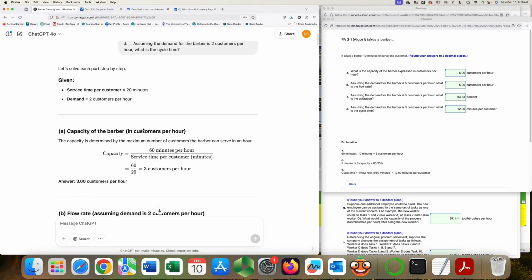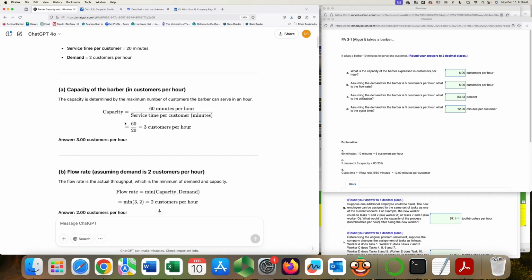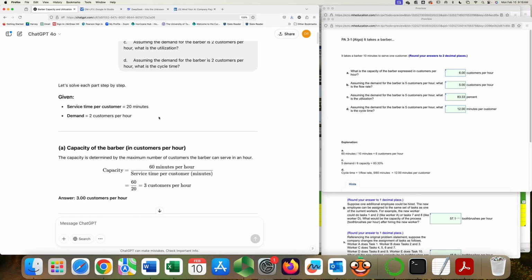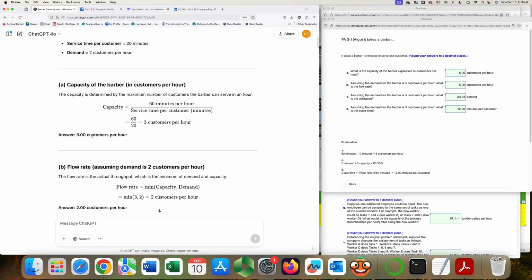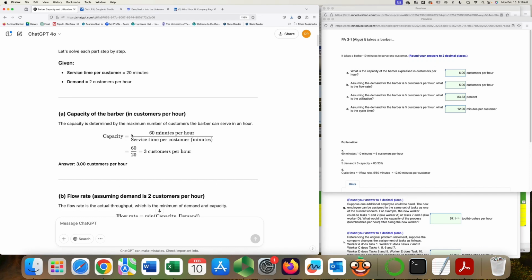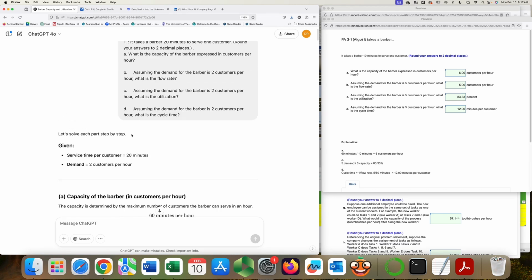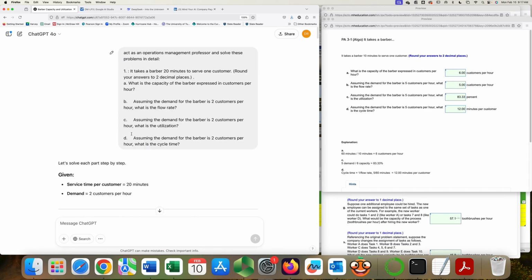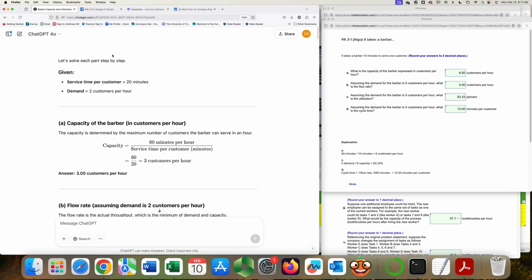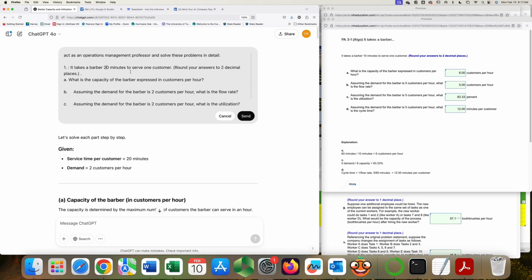The output I got gave the explanation, because I told it in the prompt to give some detail. So the first answer is the capacity. Uh-oh, something wrong. The service time per customer. Okay, let's just fix this. Let's do this live.